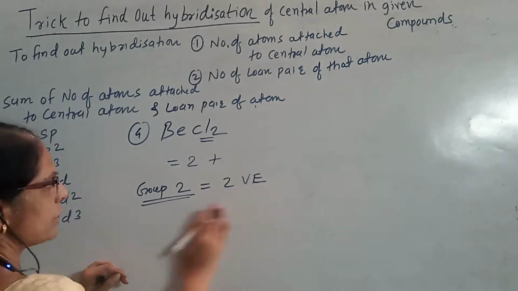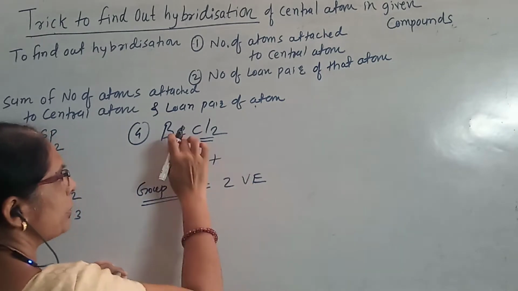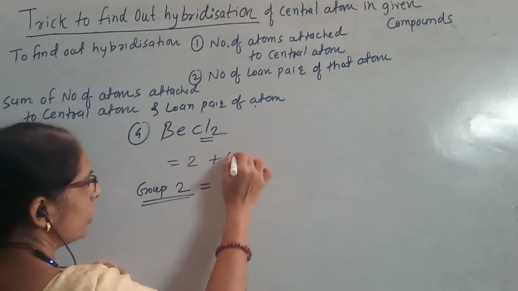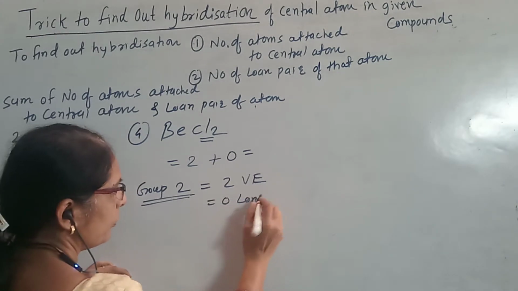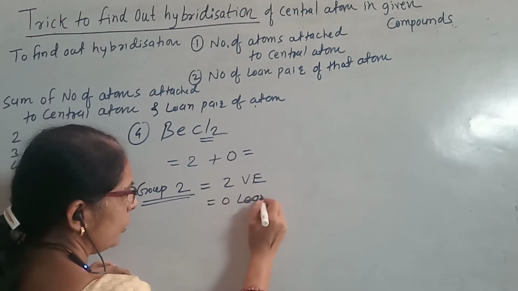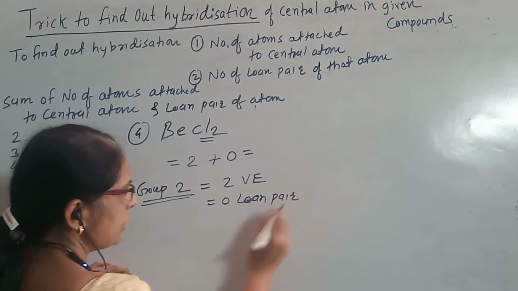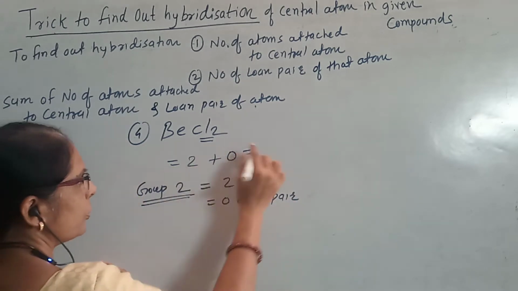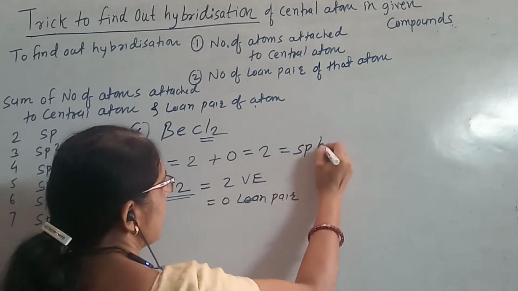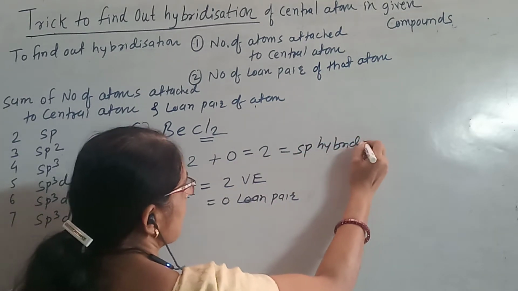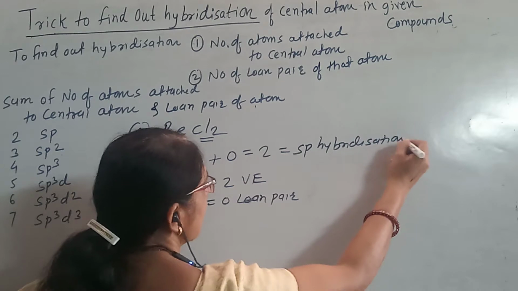As it has 2 valence electrons, both are busy in forming the bond with the chlorine. So 2 plus, it has 0 lone pair. So 2 plus 0 is 2. So it is sp hybridized. So BeCl2 is an example of an sp hybridized molecule.